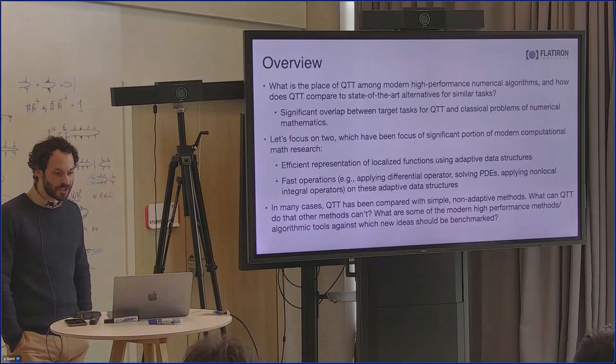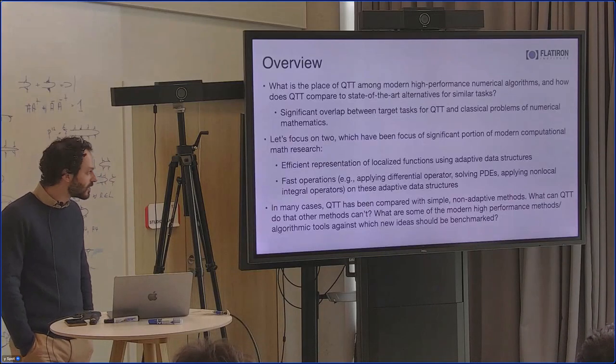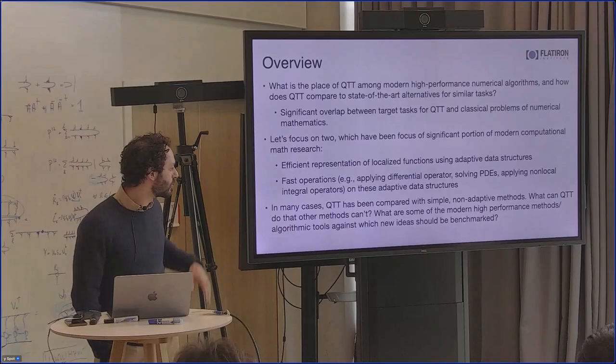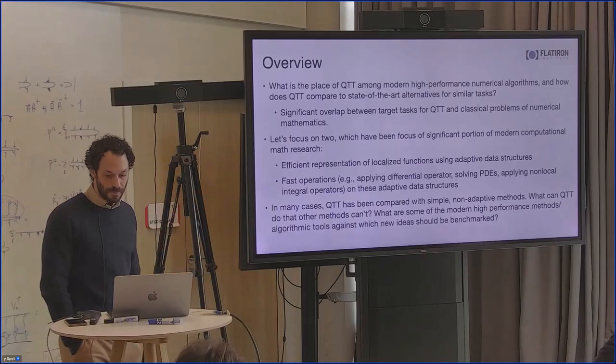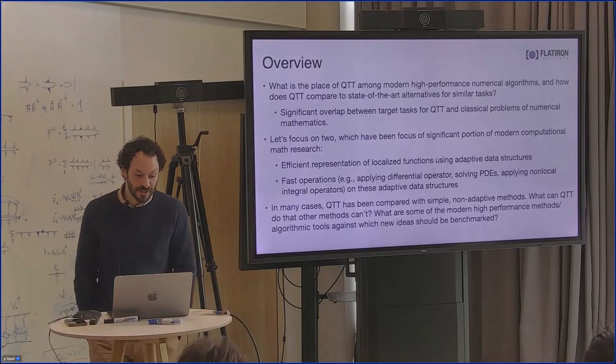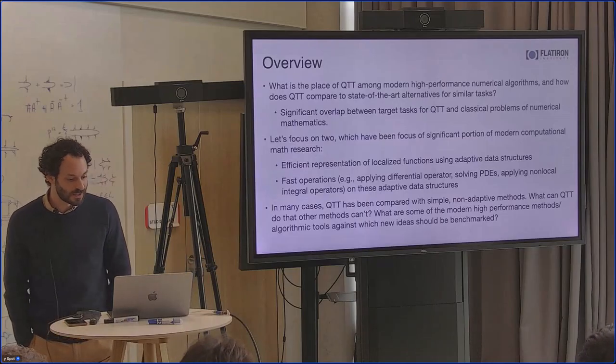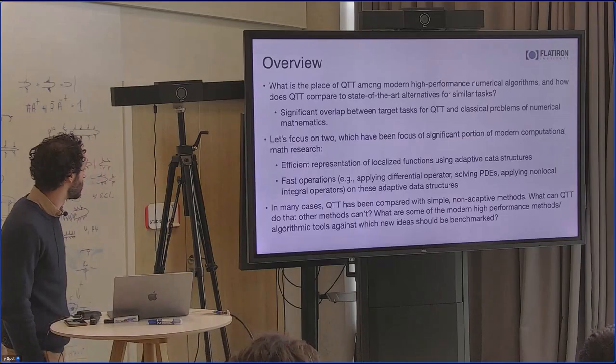So the question is, what are the state-of-the-art methods to compare against that go beyond uniform grid methods and things like this, to understand what QTT can do that other methods can't? What are the methods that should be benchmarked against?